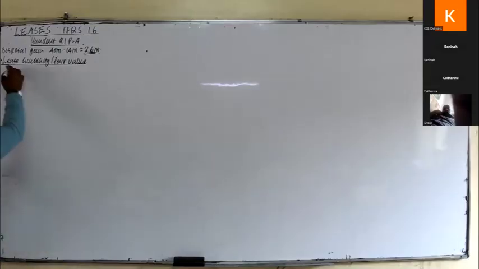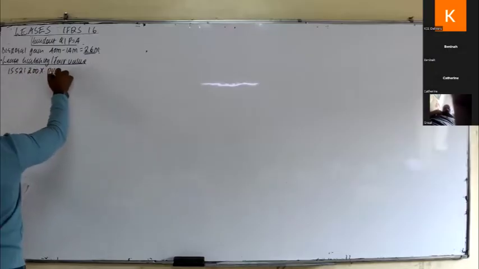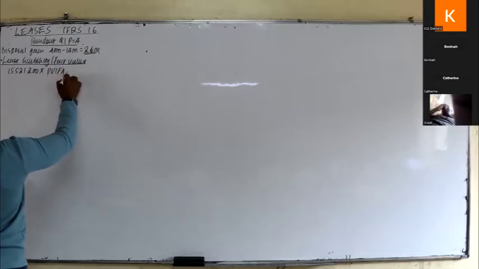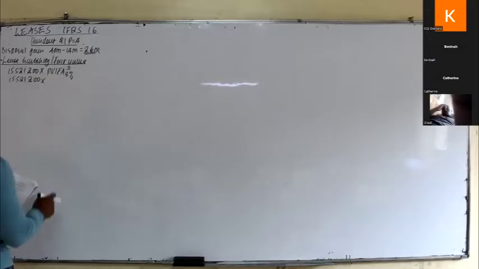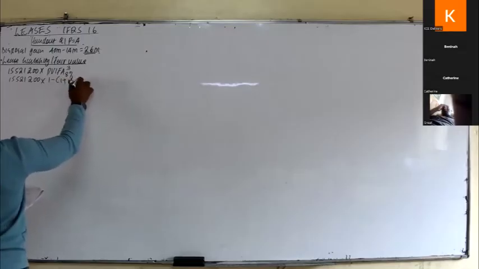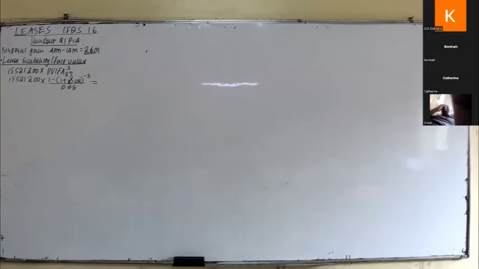So you'll take 15,521,200, then you discount with the present value interest factor of an annuity. The cost of capital, we are told, is 8% for the next 3 years. So it's 15,521,200, 8% for 3 years. The formula for getting an annuity is 1 minus (1 plus r) raised to the power negative n, divided by r, where r is 0.08.